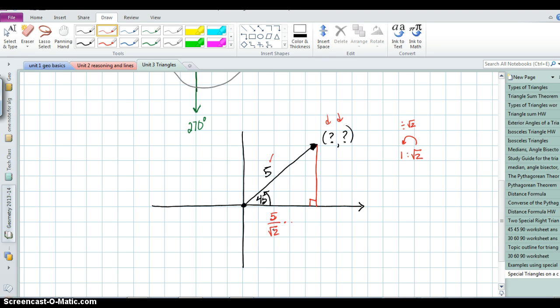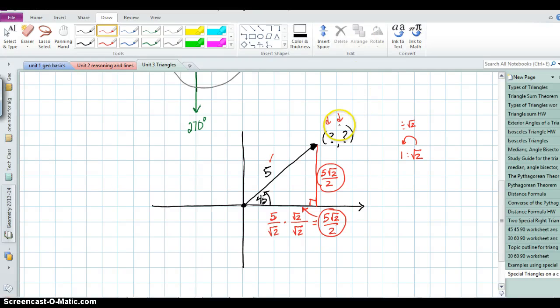Red flag: you can't have a radical in the denominator, so let's rationalize that. And now I know this is the length of that leg right there. Because it's a 45, 45, 90, this triangle is isosceles, which means this is the length of my other leg as well.